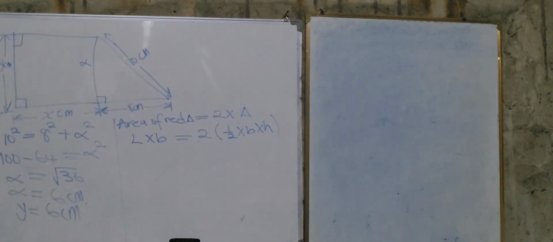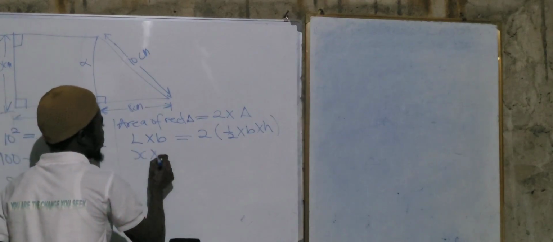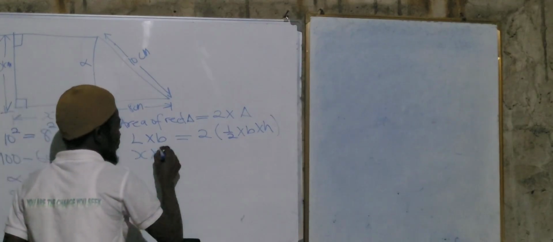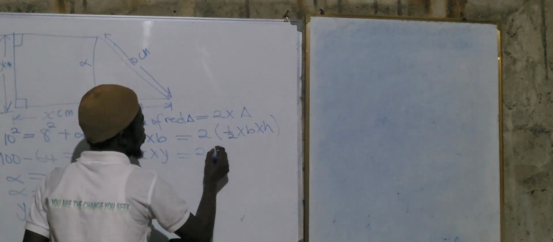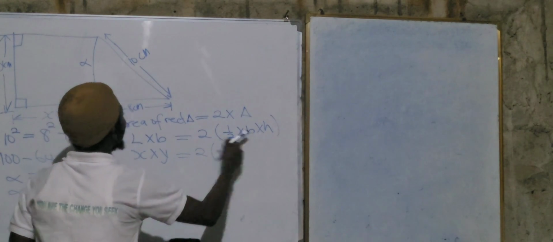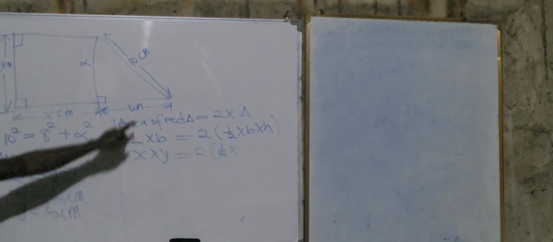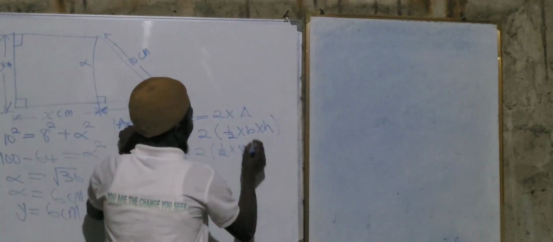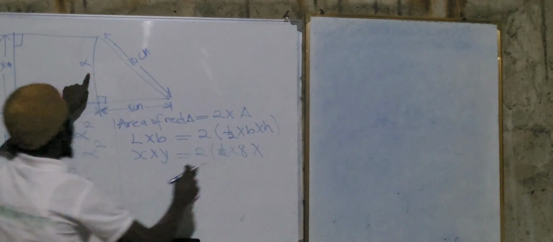Now what is the length here? It's x, eh? So you say x multiplied by the breadth here, y, eh? So we have this equal to 2 into half multiplied by the base. It's always the bottom, right? What's the base here? 8. And what is the height?